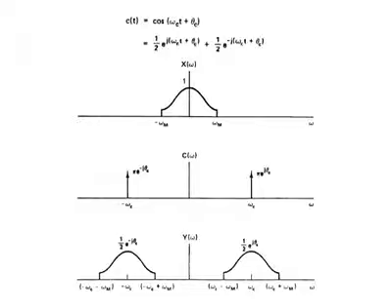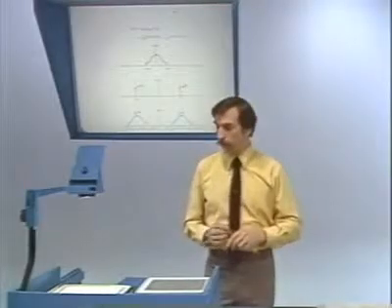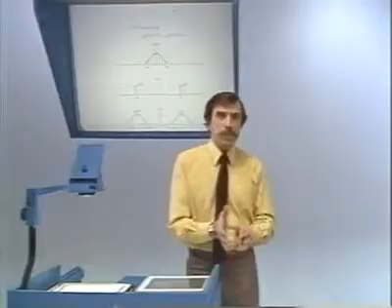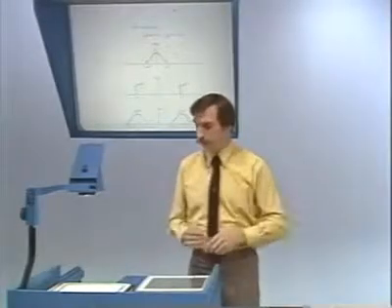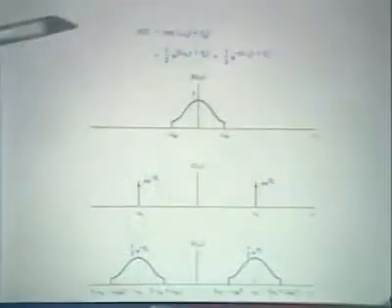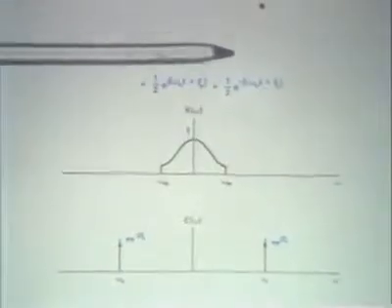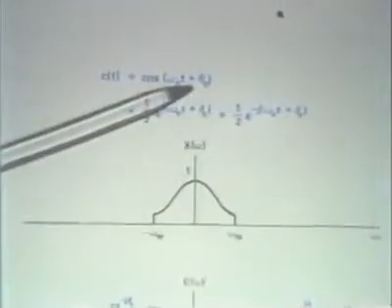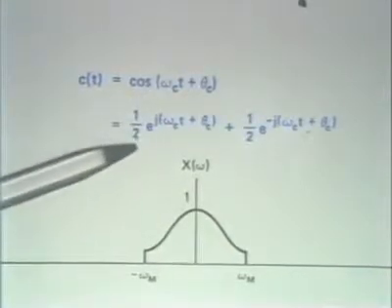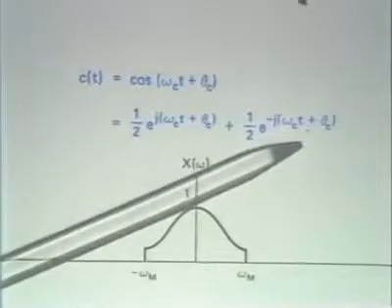Let's look at the consequences of modulation with a sinusoidal carrier, and in particular work through, again, what the spectra are and how we get the original signal back again. So we are talking about a carrier signal which is simply a sinusoidal signal with some phase. And of course we can write that as the sum of two complex exponential signals.